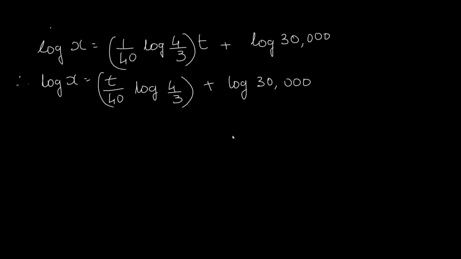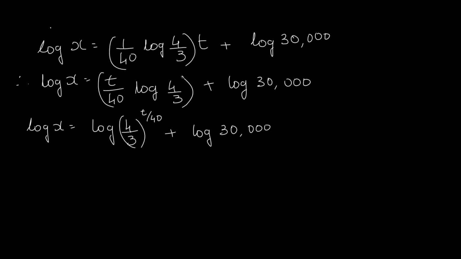Then we get log x is equal to, now whenever a number is multiplied with the log, we can make that number a power of the logarithm. And therefore we have log 4 upon 3 raised to t by 40 plus log 30,000.